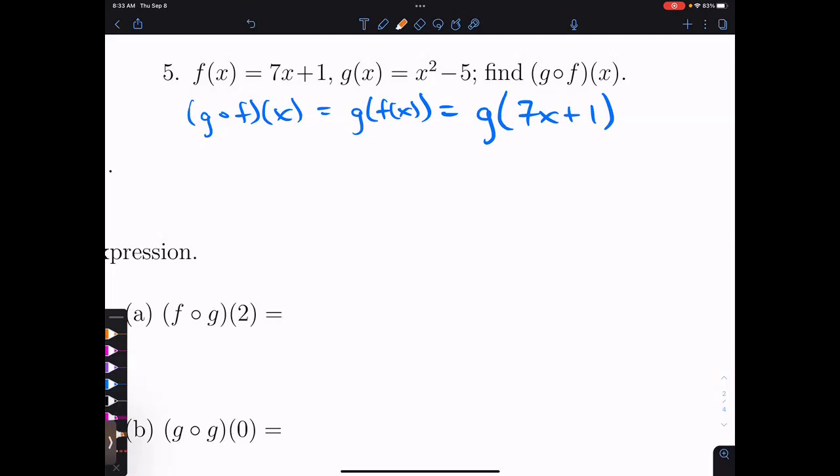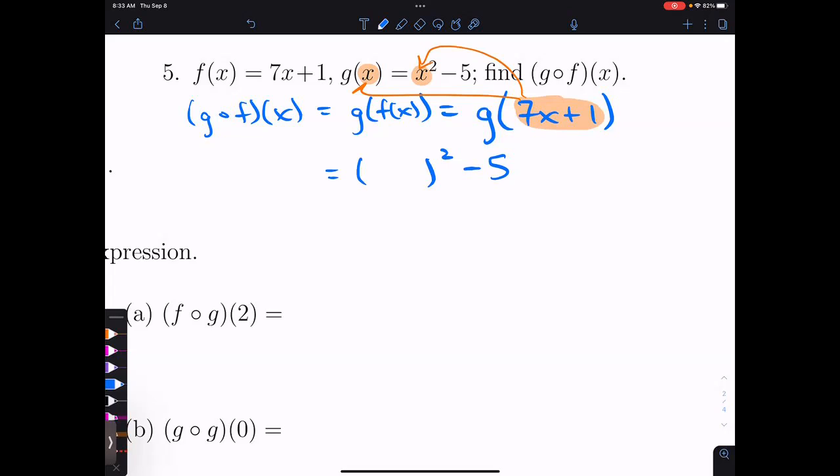So we are looking for G of 7x plus 1. Which means that wherever an x shows up in the equation that defines G, I'm going to replace it with 7x plus 1. What does that look like? This is G. G is things squared minus 5.